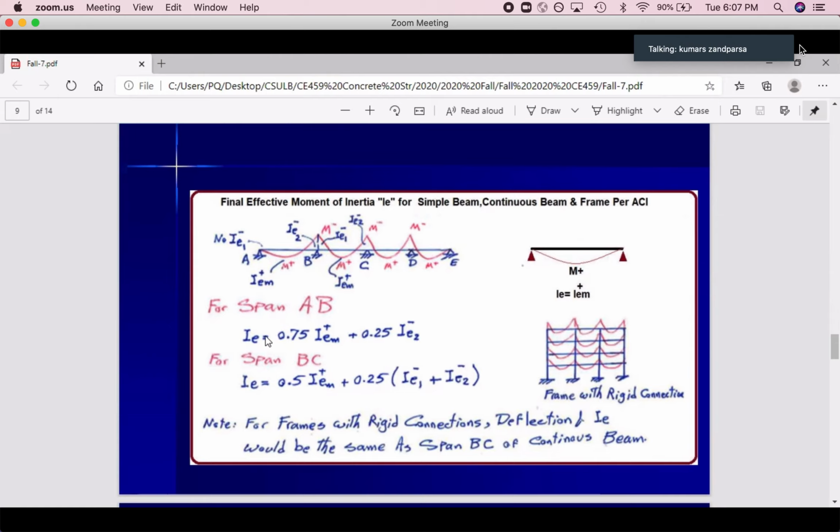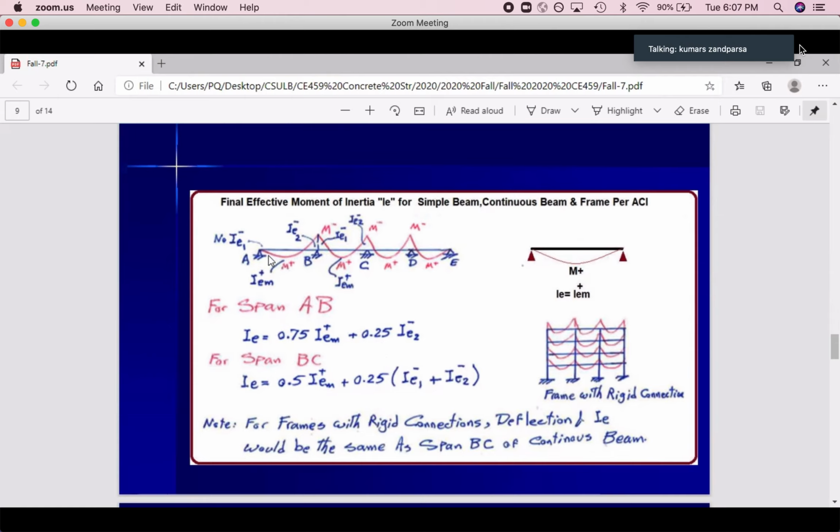But based on the code, we will go with this. The others have some yes and no. But based on this class and the ACI code, we will always go with this. When you have just one negative moment and positive, this is your equation always: 75% of the IE for positive and 25% of the negative.